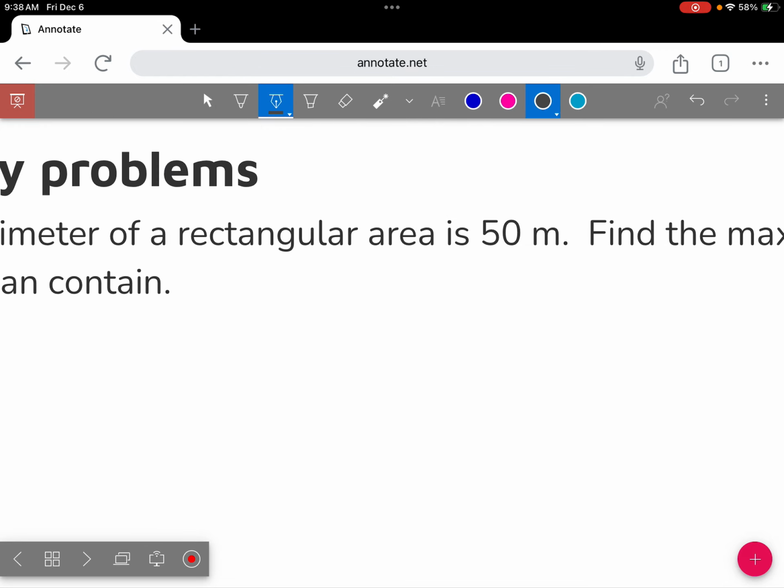How do I write that as an equation? 2L plus 2W equals 50 meters. We don't necessarily need to have the unit on there. And we're trying to find some relationship with the area. How do we find the area? L times W.